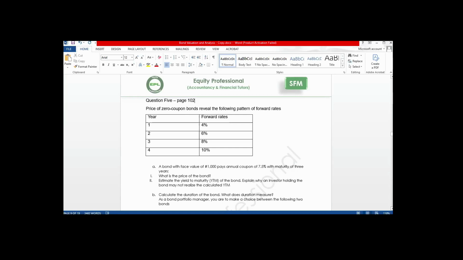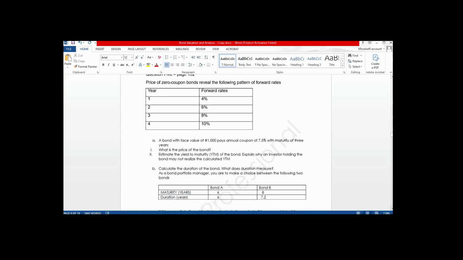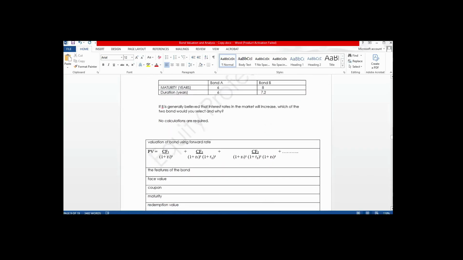I will now go to my valuation. I want to calculate the price of this bond using forward rates. Please look at your screen. You are going to look at how to value bond using forward rates.